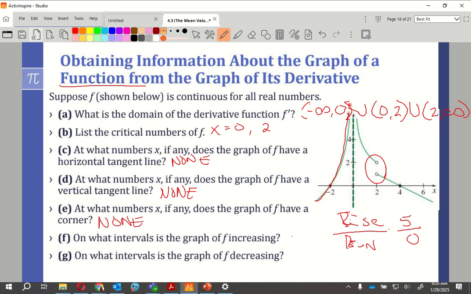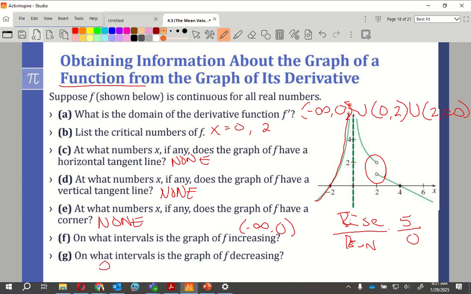On what intervals is the graph increasing? Okay, this is a good one right here. So the interval that it's going to be increasing would be from negative infinity to 0, closed. What about decreasing? Start at where? 0.